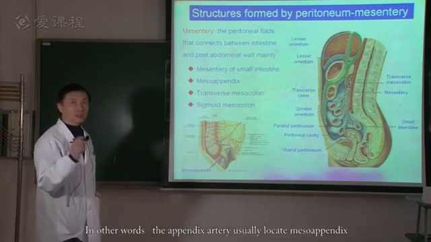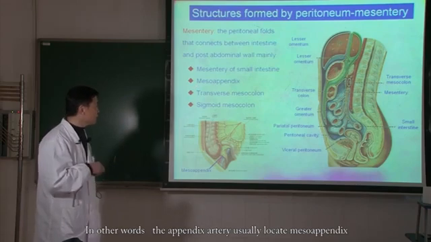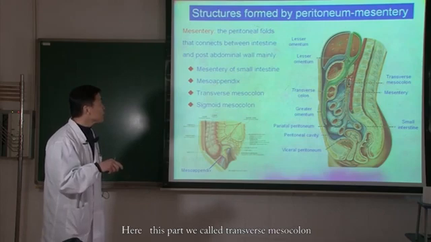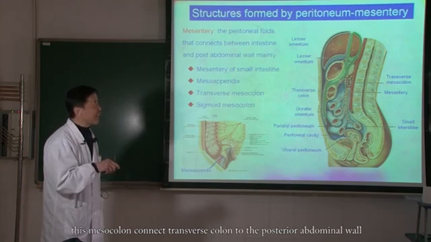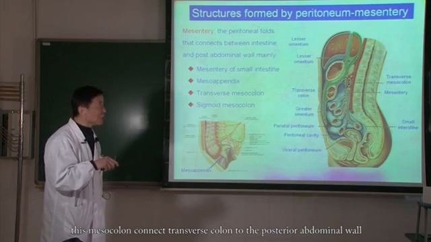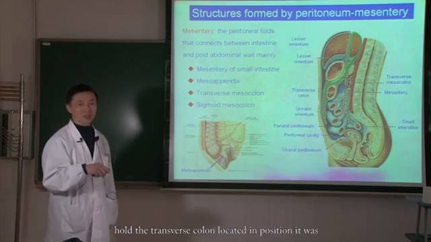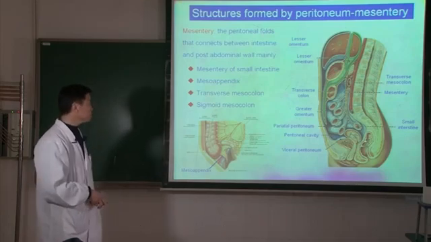In other words, the appendix artery is usually located in the mesoappendix. Here, this part we call the transverse mesocolon. This mesocolon connects the transverse colon to the posterior abdominal wall and holds the transverse colon in position.